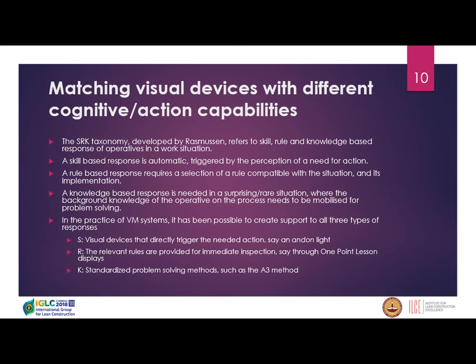Matching of visual devices with different cognitive or action capabilities. This ecological interface design is essentially an idea that there are three levels of action: skill-, rule-, and knowledge-based. Skill-based action is automatic: when you see a situation, you know what to do. Rule-based means that you have to select a rule.